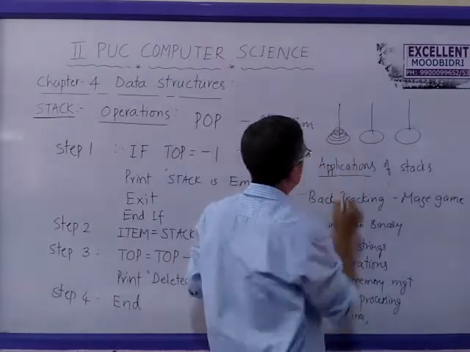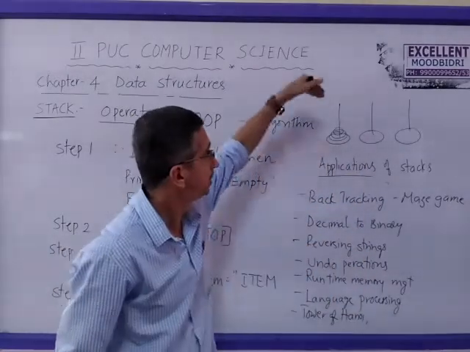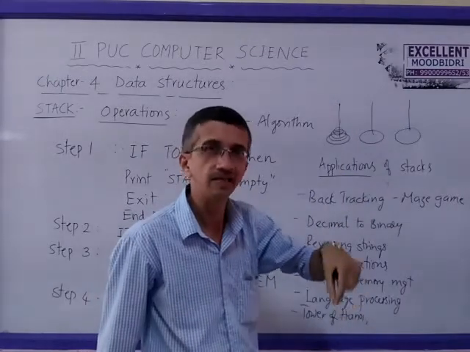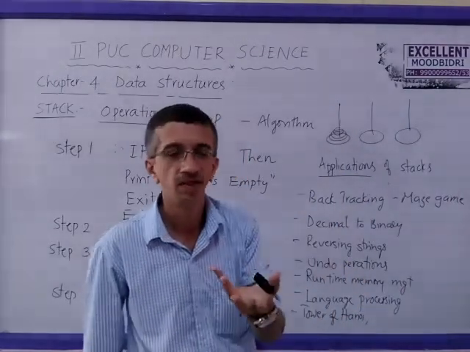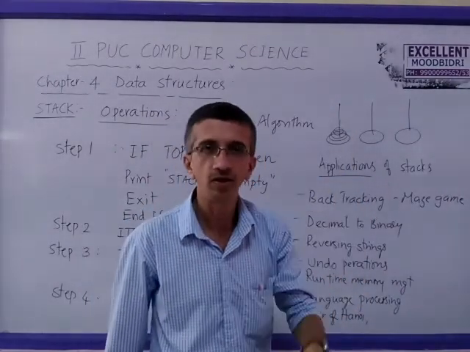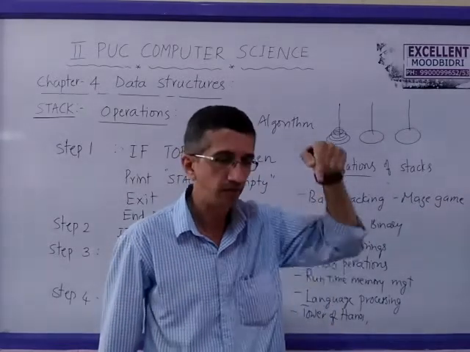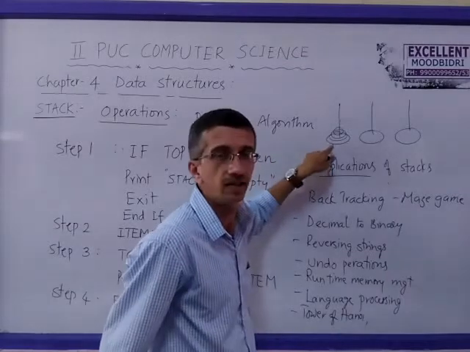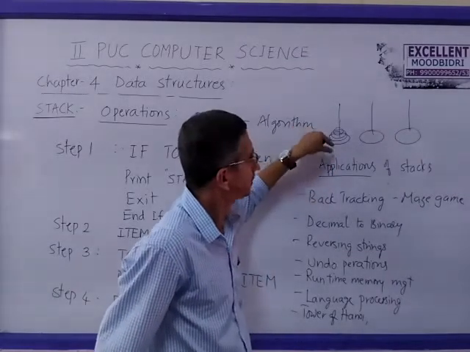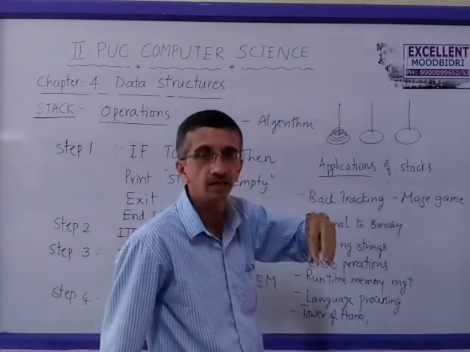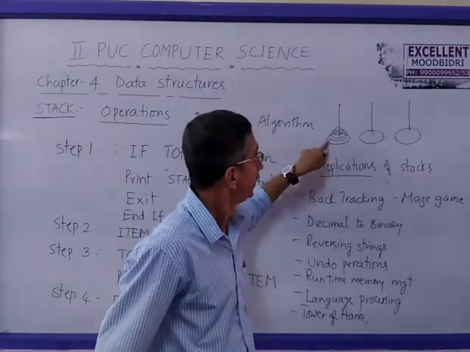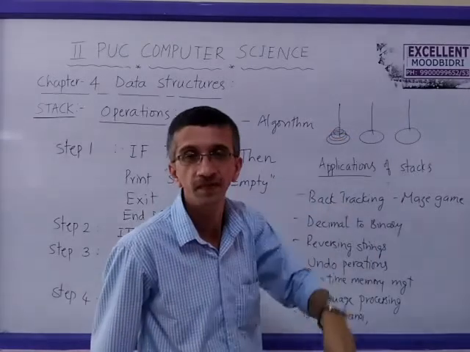Imagine CDs or DVDs put into a DVD cabinet where there is a central rod. The condition here is you can place only a smaller disc on top of a bigger one. You cannot place a bigger disc on top of a smaller one.